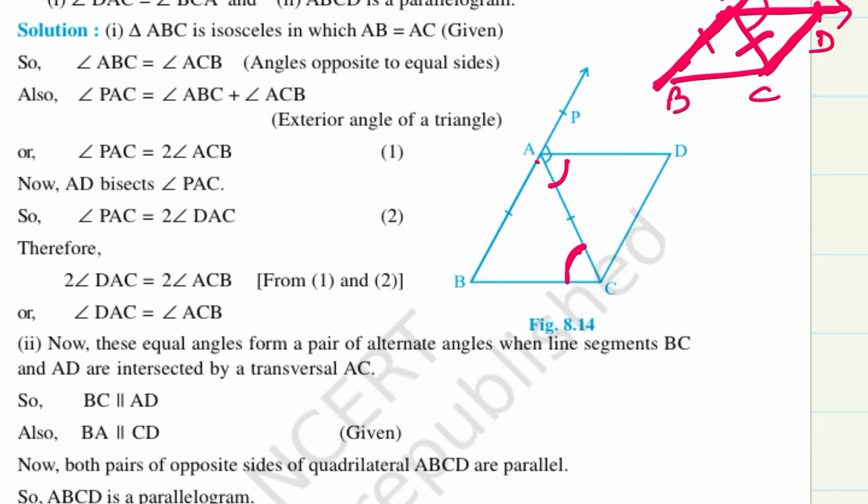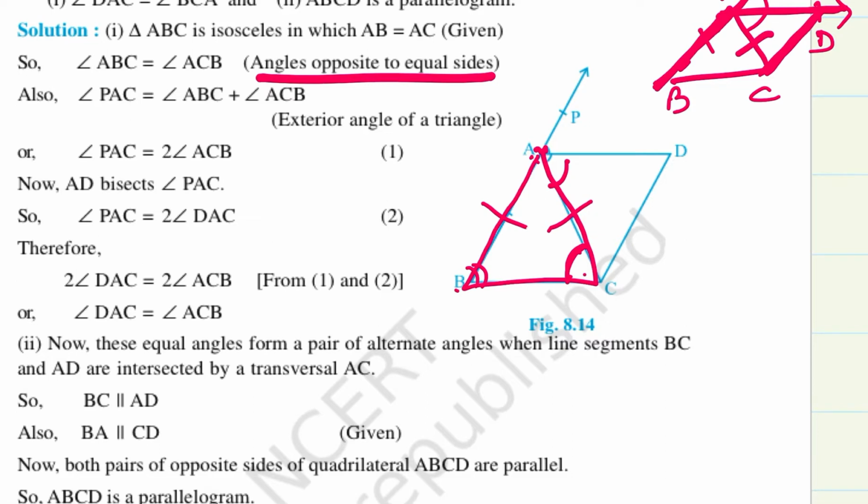Obviously, now we know that triangle ABC is an isosceles triangle, so AB is equal to AC, and if it is equal, then angle ABC and angle ACB will be equal because they are angles opposite to equal sides in an isosceles triangle. This is a theorem which we studied in the previous chapter.